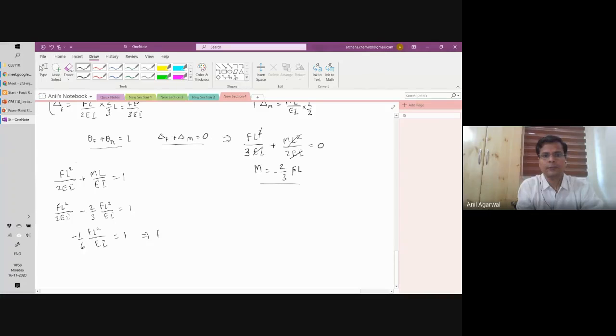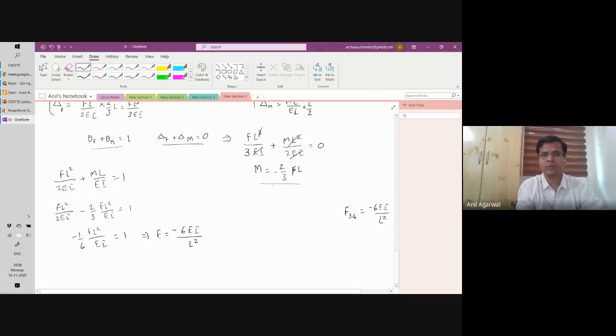So F is equal to minus 6ei divided by L square. And this F corresponds to force in the third degree of freedom for a unit displacement in the fourth degree of freedom, equal to minus 6ei divided by L square.